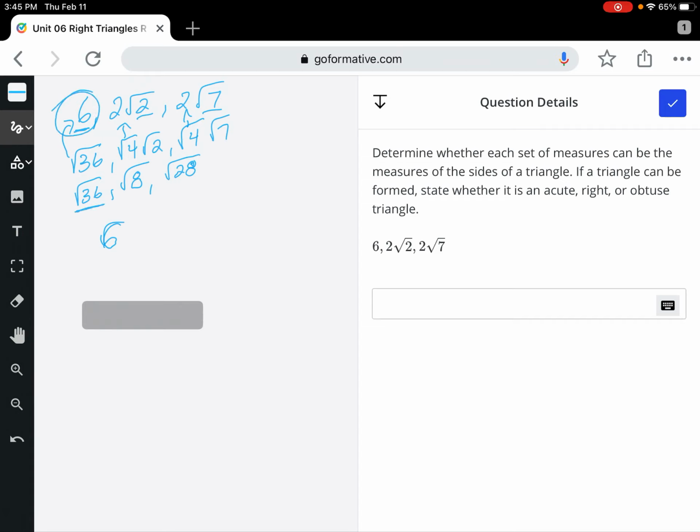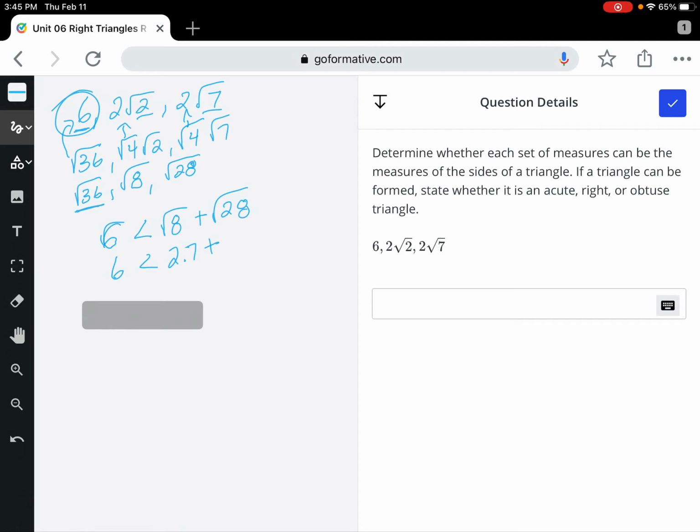Now, first thing I determine is whether or not it is a triangle. So I say, is 6, which is my largest side, I would go back to my integers, is that less than my radical 8 plus radical 28? So you can put this in your calculator and look at the decimals to make that determination. Square root of 8 is close to the square root of 9. Square root of 9 is 3, so I'm going to say that this is like 2.7, something around there.